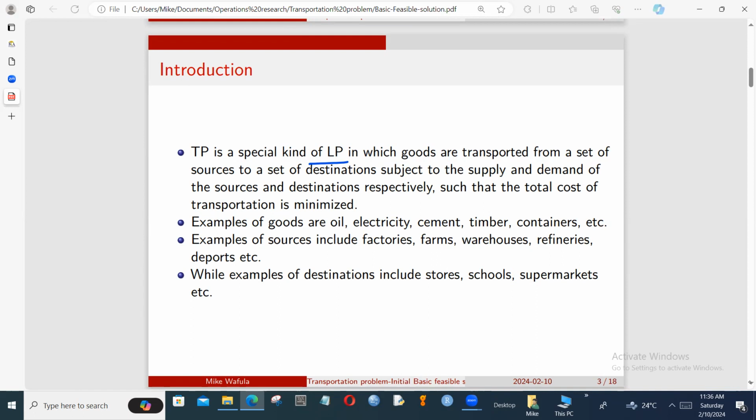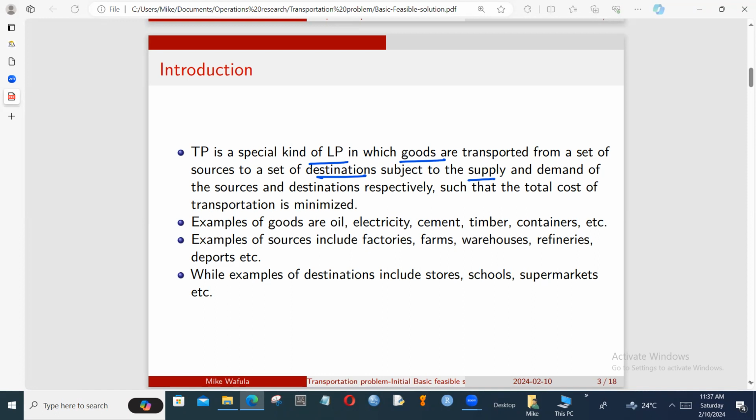Remember, linear programming was grounded on the fact that we have scarce resources, but we still want to get the best outcome. But now in transportation problem, we have goods that we want to transport from various sources to various destinations, subject, of course, to the supply and demand of the sources and destinations respectively.